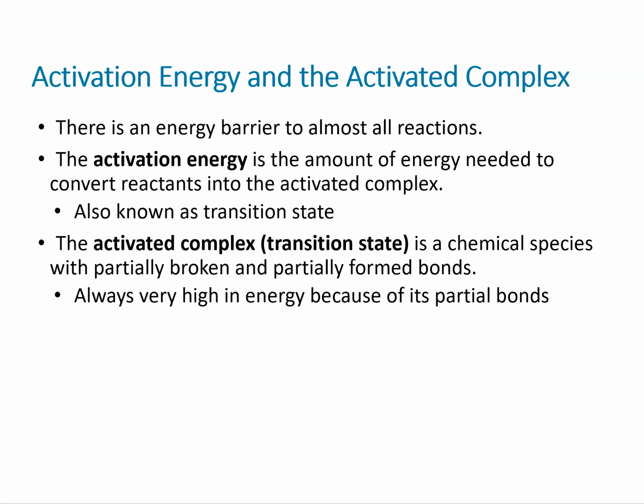I'm almost always going to call it the transition state because I was trained in an environment where we called it the transition state. So the transition state is just a chemical species with partially broken bonds, partially formed bonds. You can also think of them as very elongated bonds that are very weak, where one bond is forming while one bond is breaking.